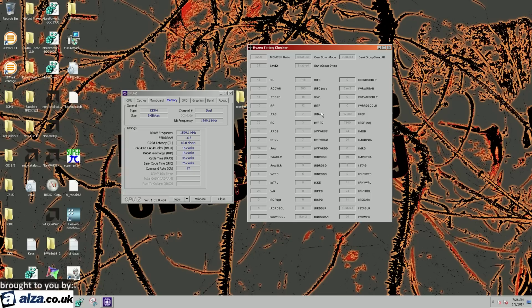You're probably going to want to write these down as you're overclocking, so a piece of paper tends to be handy, because you can't open screenshots in the middle of the BIOS, unfortunately. But this is really handy for checking your actual memory sub timings, so you'll want that as well.